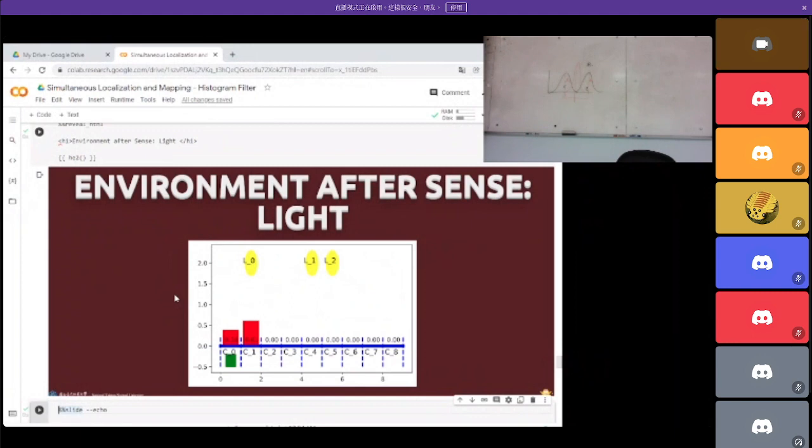This one, there's only a 15% chance that I detect light if I'm in C0. So that means that the posterior now is 0.4 for C0, 0.61 for C1. So my most likely location now has swapped. Now I think I'm in C1.